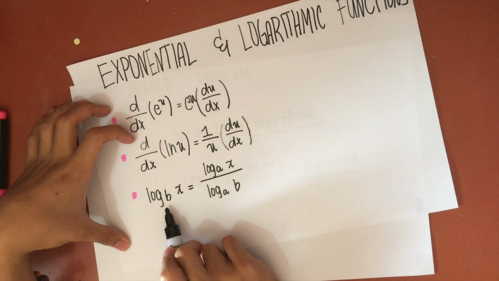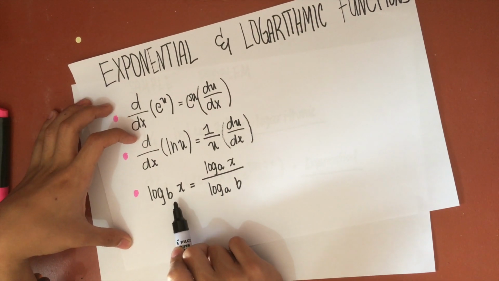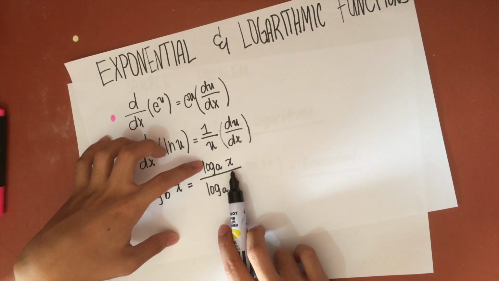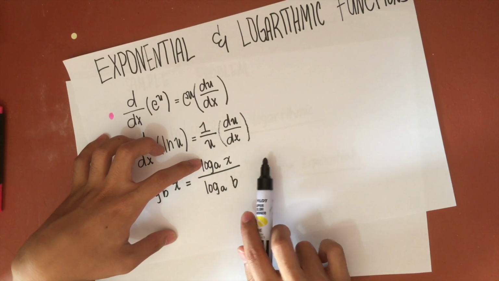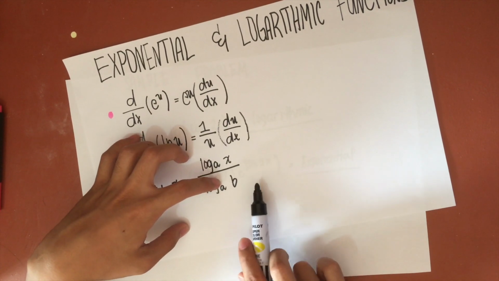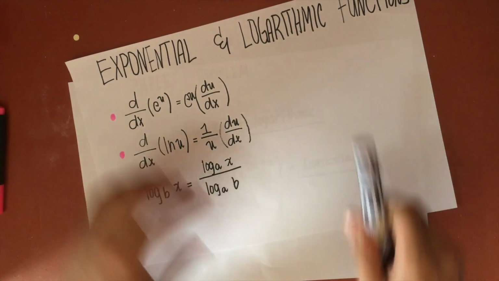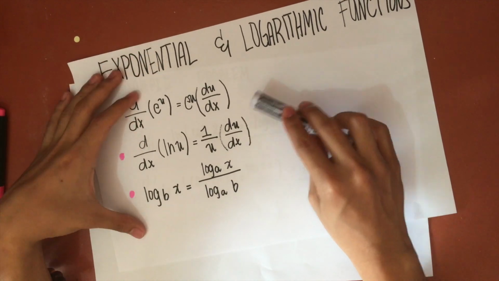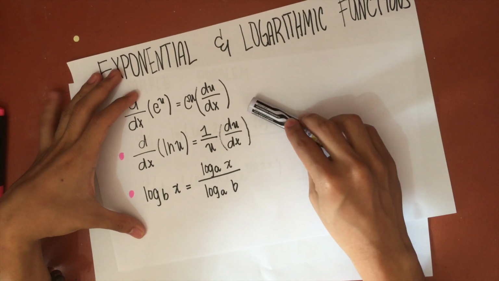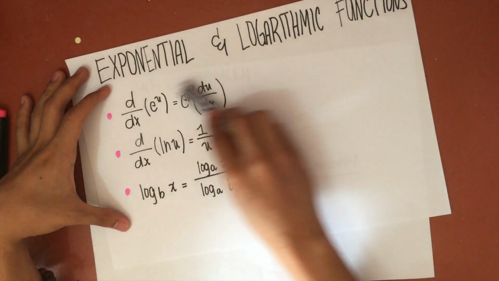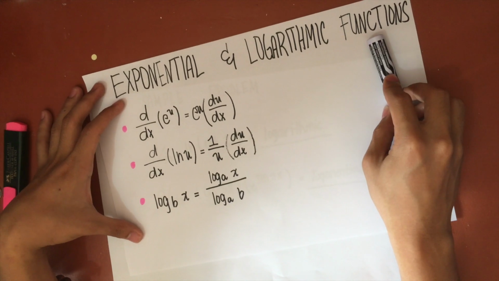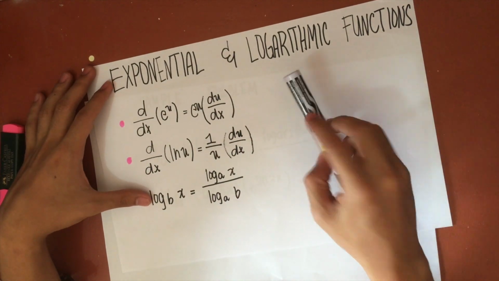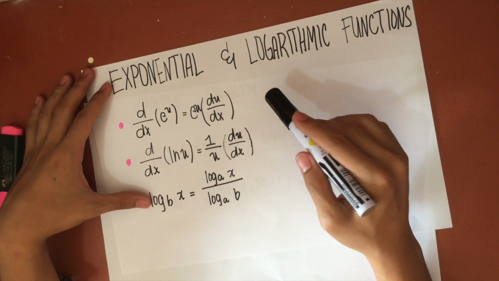Next is the derivative of log base a of u, which equals log base a of e over u times du/dx. You have to familiarize yourself with and memorize these because they are very important if you encounter problems with exponential and logarithmic functions. This is your guide for solving the problems you may encounter.